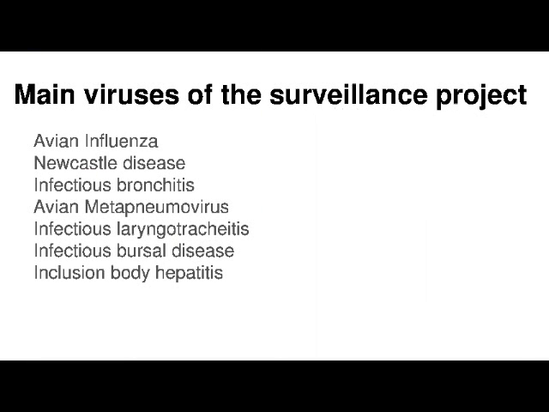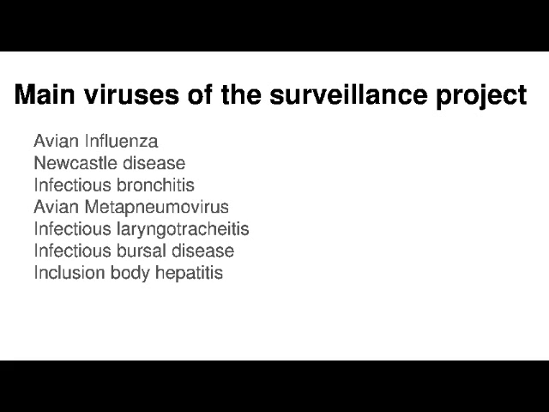So the main viruses I'll be looking at, some of which are poultry specific: Avian Influenza and Newcastle disease, those infect wild birds. But then there's also infectious bronchitis, Avian Metapneumovirus, infectious laryngotracheitis, infectious bursal disease, inclusion body hepatitis.